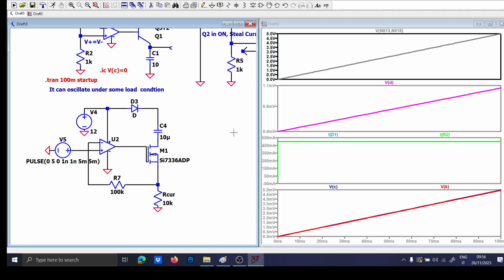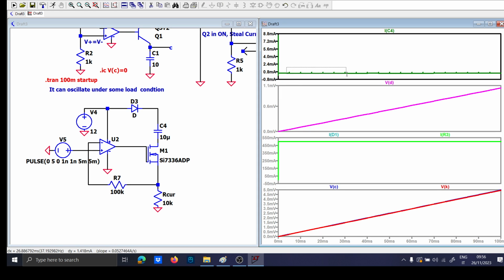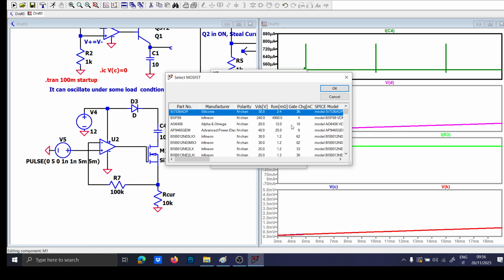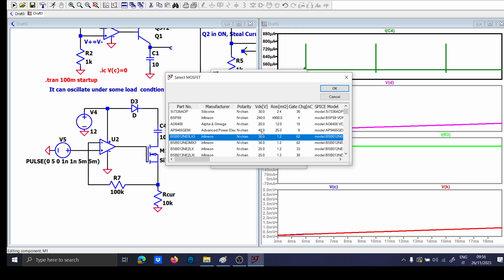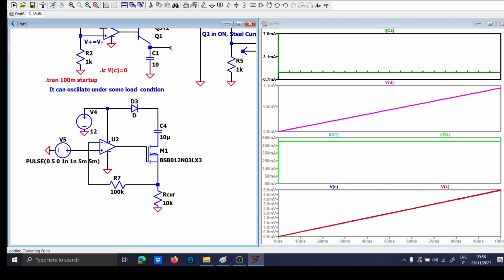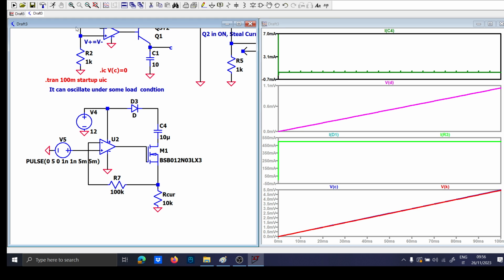And okay, now we should be able to see it. I think that this MOSFET is the worst MOSFET on earth, so let me take the next one, because this is not how the circuit should work. And also let me skip the initial point solution.